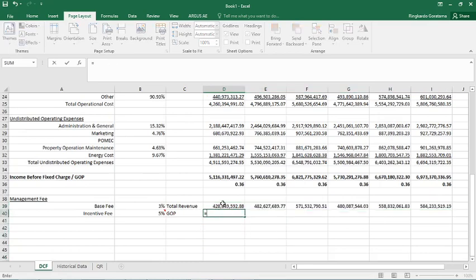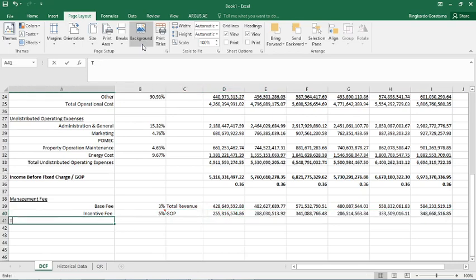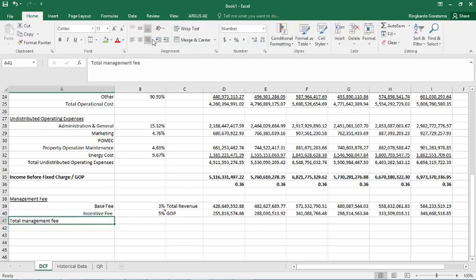And this one from the GOP. So this will be the total management fee. Put it on the right side. And this is total.